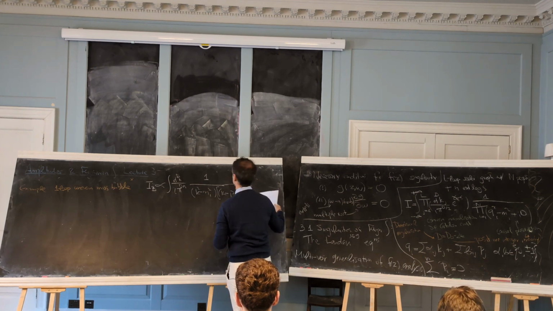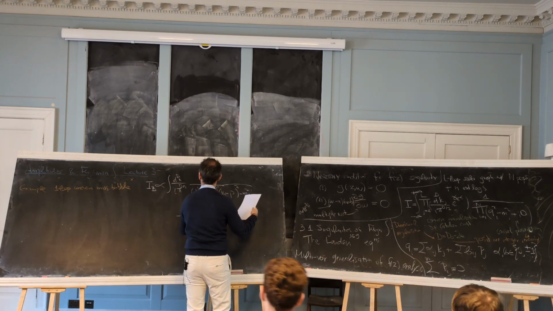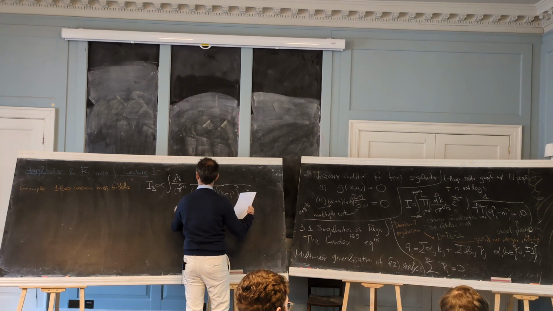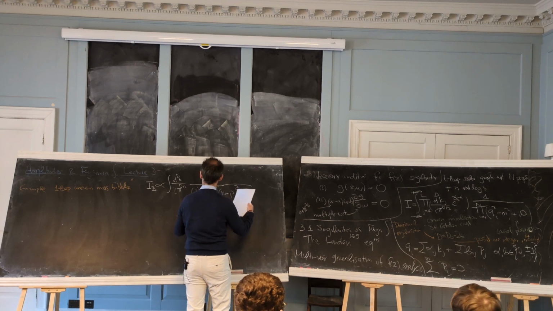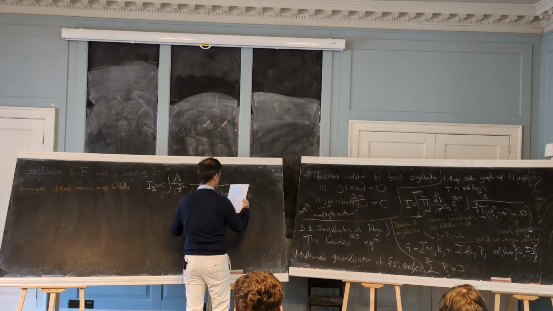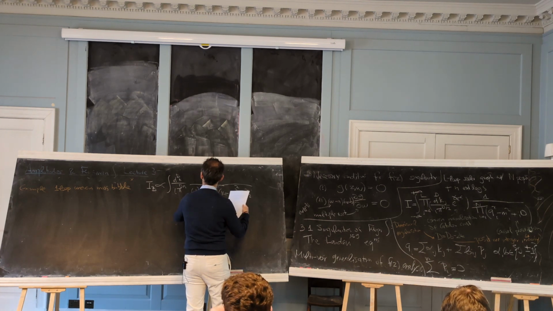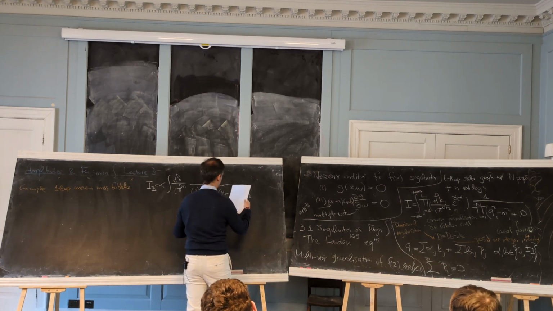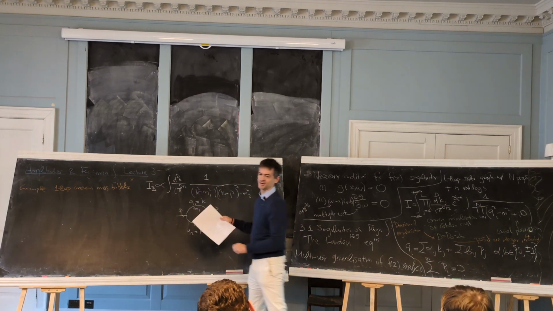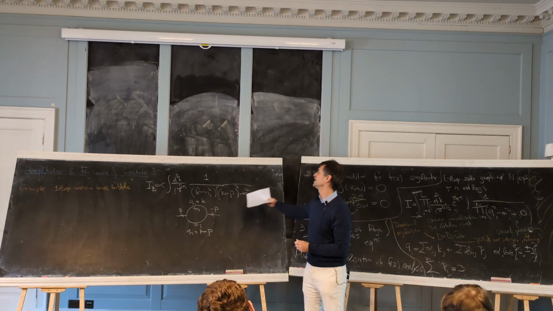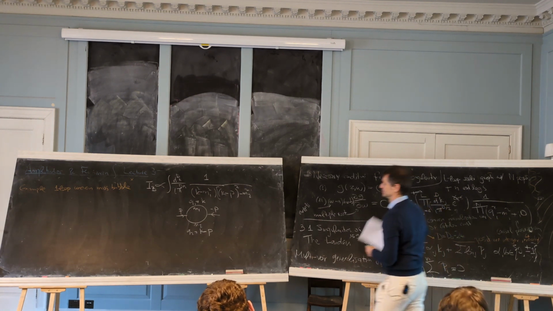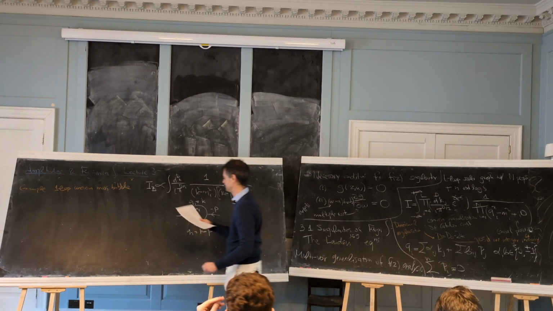This is just our beloved bubble. This is minus p, this is m1, m2. This is q1 equals k, this is q2 equals k minus p. We have momentum integration at its vertex and so on, so it's really of the same general form that I wrote down over here.